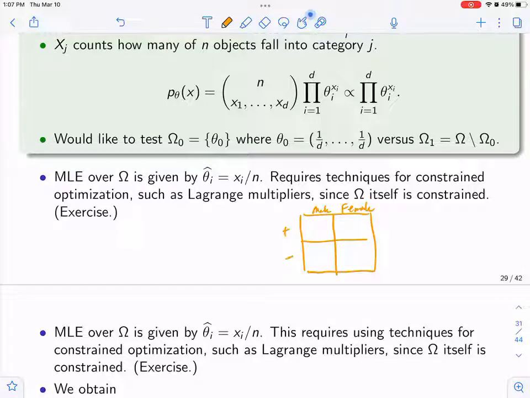Then you count how many people are male and positive, female and positive, male and negative, female and negative. So you get 4 numbers.